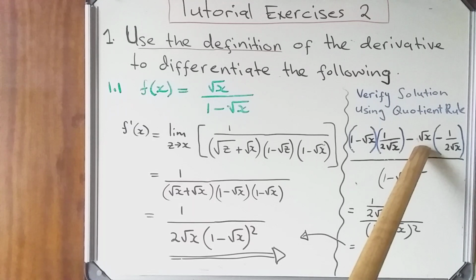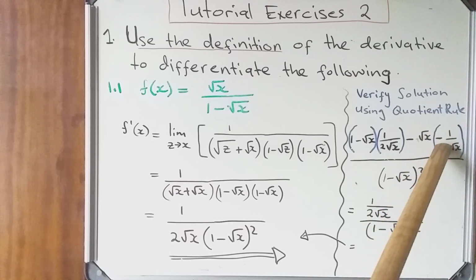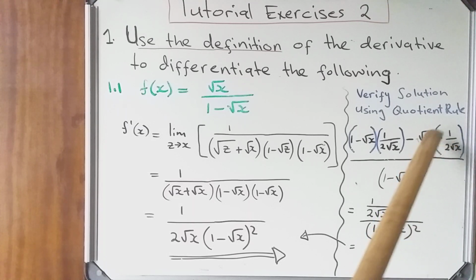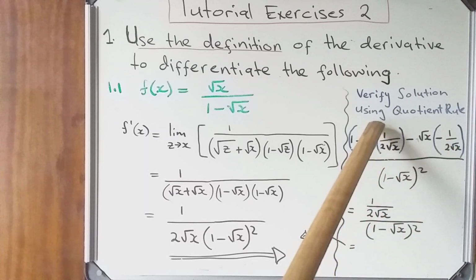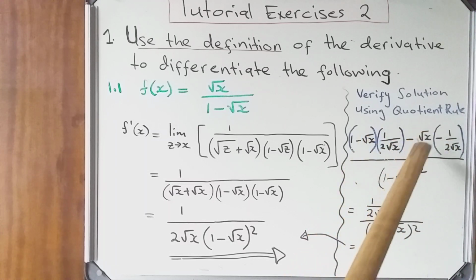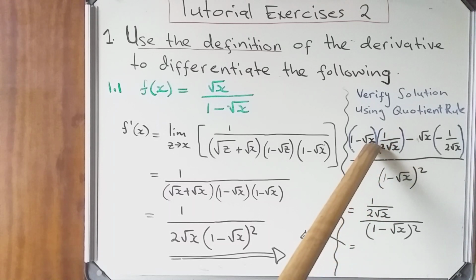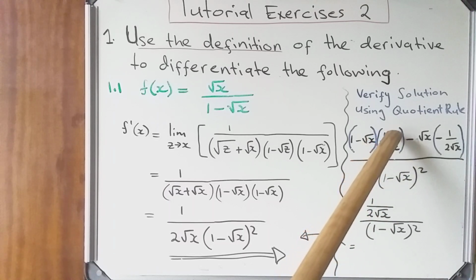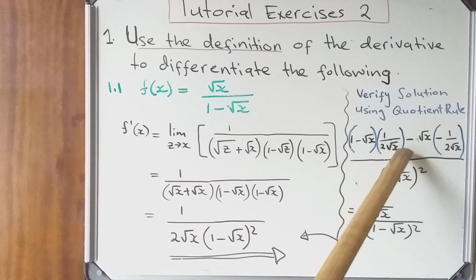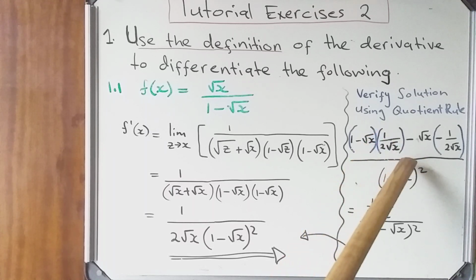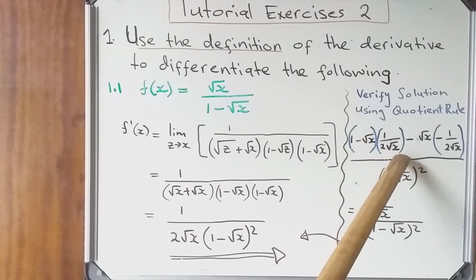Minus, positive. So this and that will cancel. If we simplify negative root of x over 2 root of x, the root of x will cancel to give us negative half.